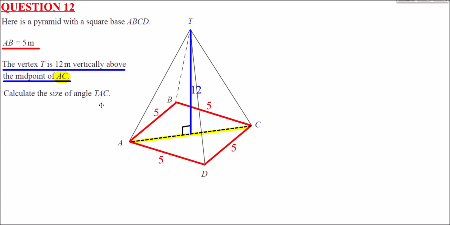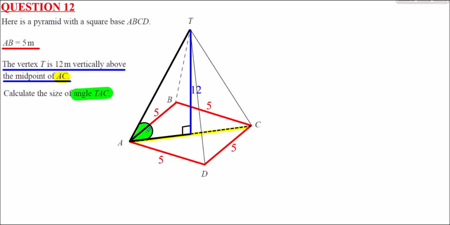Lots of information in this question and not much words. So TAC, middle letter rule, we want to find the angle at A. So if we go from T to A to C, we're trying to find this angle here, which I'm going to colour in and highlight clearer than what I've just done here. TAC, this one, I'm going to colour it in green.